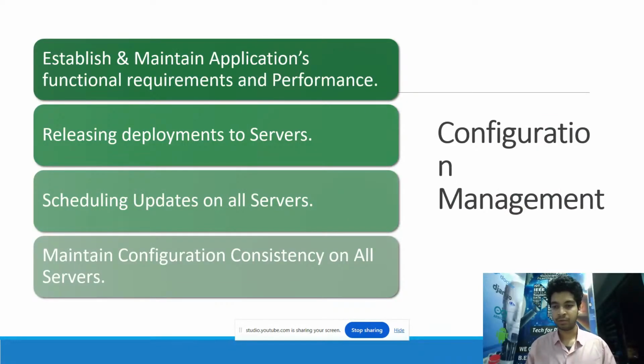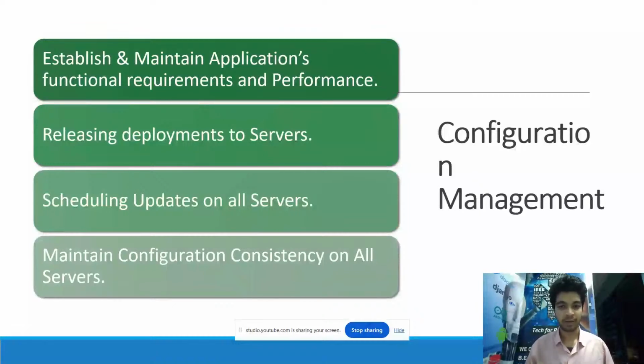For configuration management, we make use of Ansible. Basically, this tool will establish and maintain the application's functional requirements and performance. Yes, it is used for the establishment and maintenance of your application.